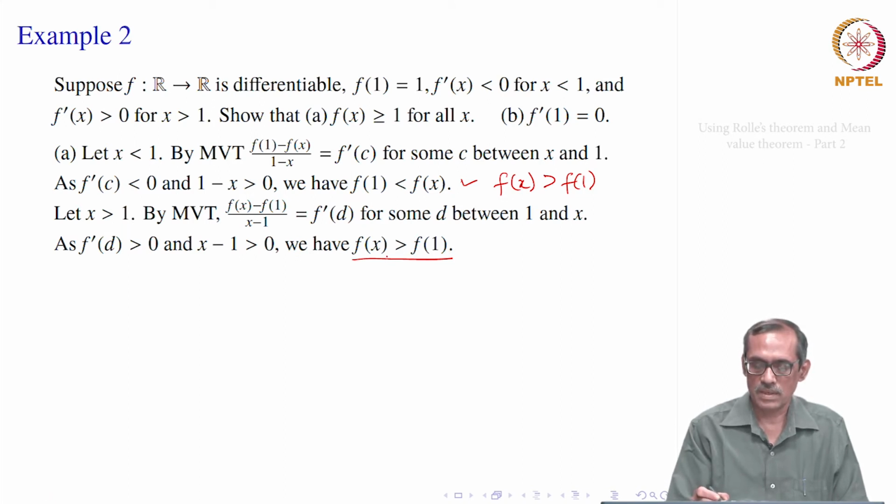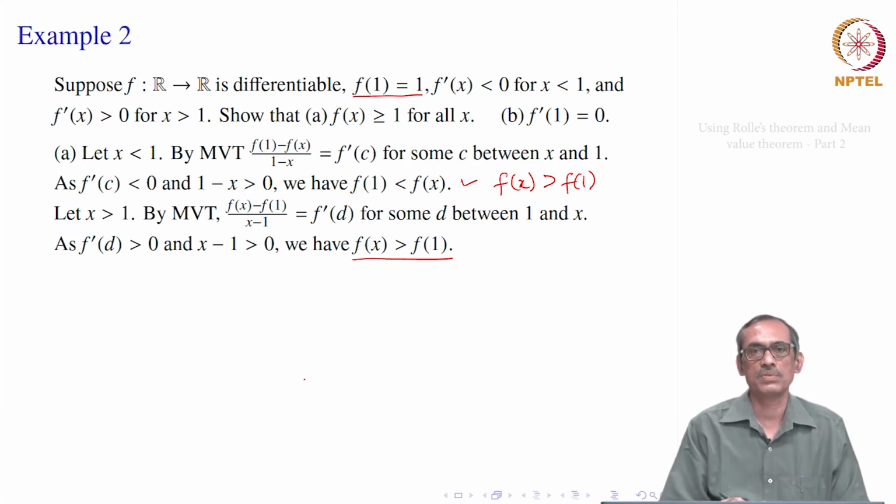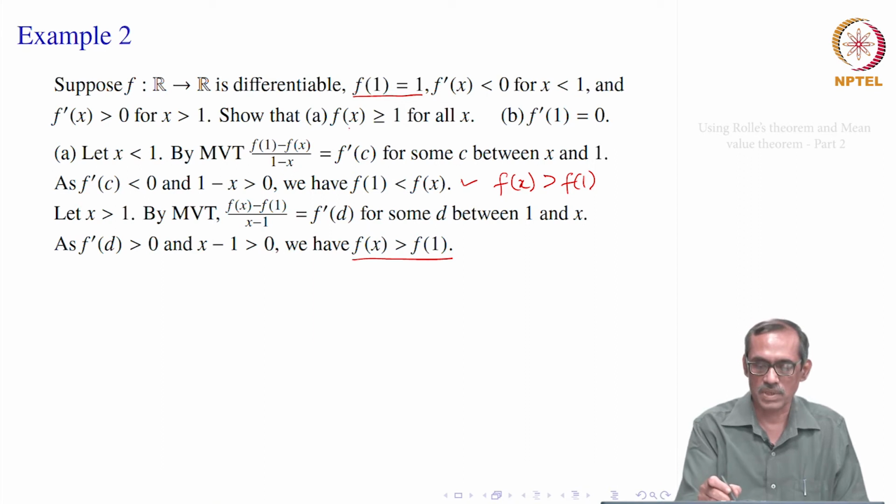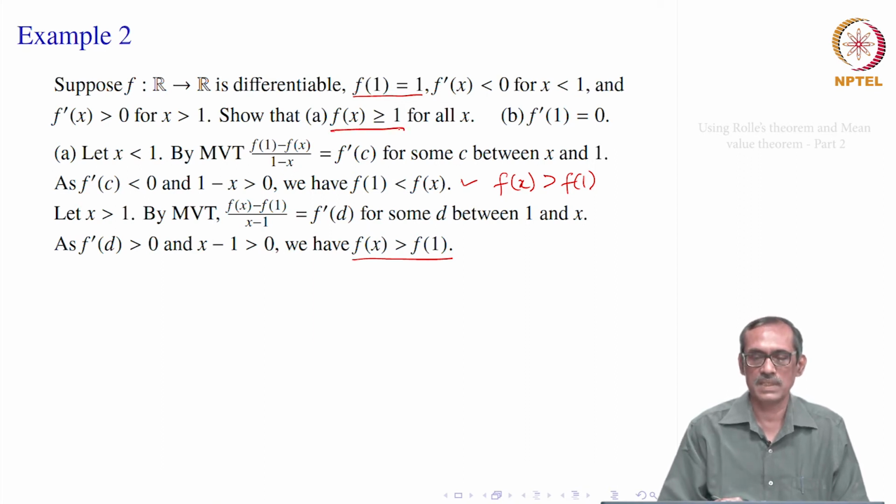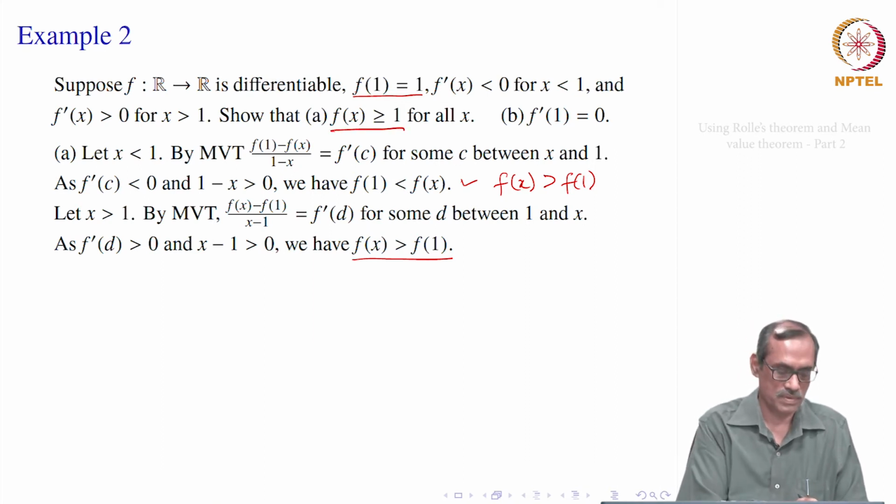And this is about all points x which are not equal to 1. When x equal to 1, what happens to f of x? It is f of 1 and that is known to be equal to 1. Therefore, whichever x you may choose from R, f x must be greater than or equal to 1. That is our conclusion. So, A is proved.